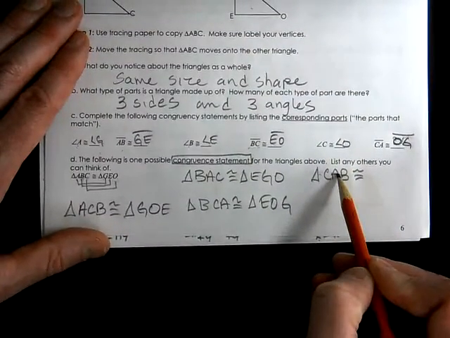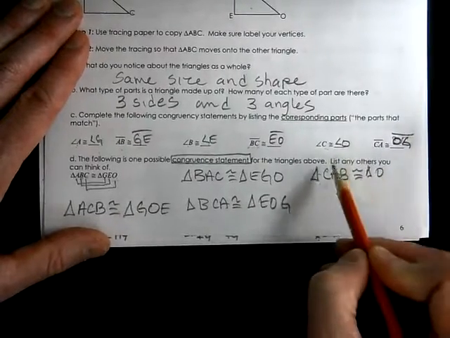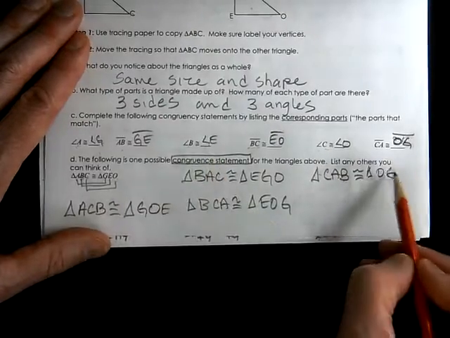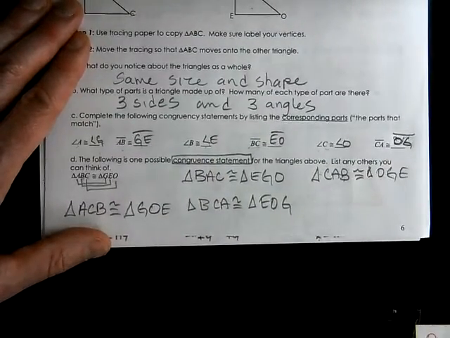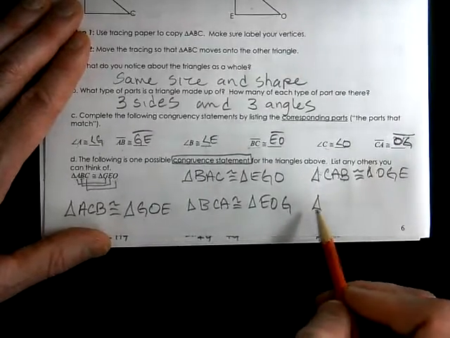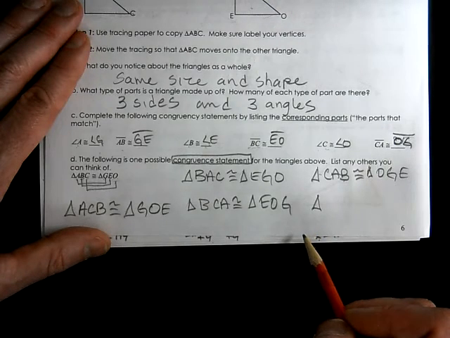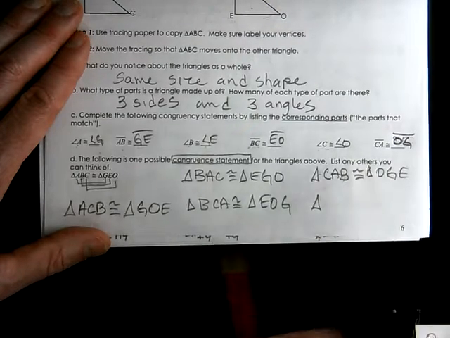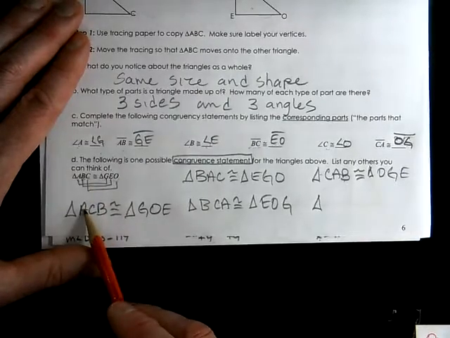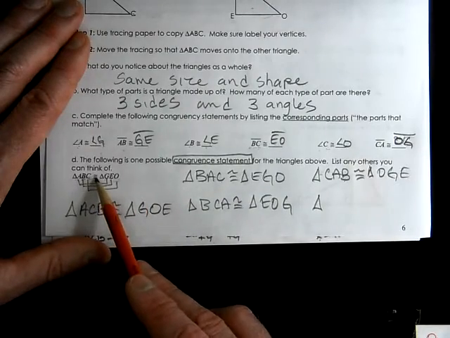So CAB: C corresponded with the O, A corresponded with the G, and B corresponded with the E. And the last triangle, what way have I not named the triangle yet? I started with A, I did both of those ways. ABC was named that way originally.